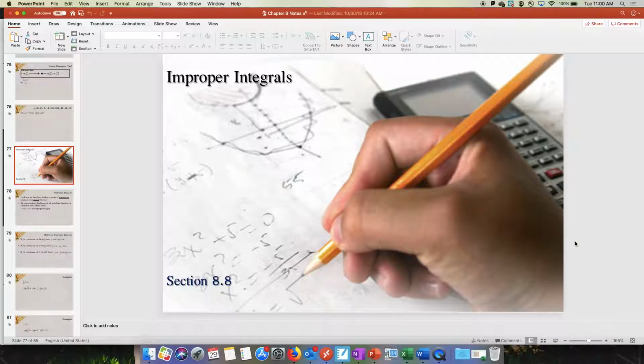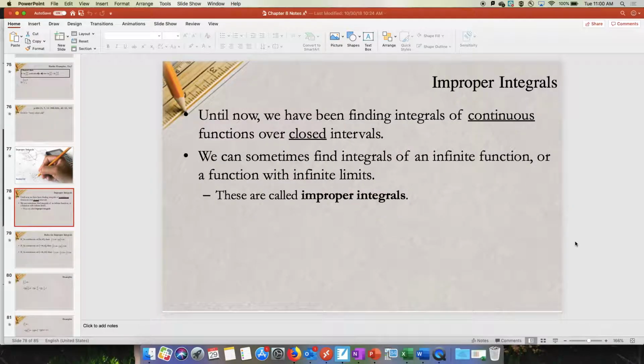Okay. So far in our integrals, if we had definite integrals, we have numbers, right? And with these numbers, they were always continuous and closed intervals. Well, now we're going to open up the possibility that maybe we don't have a continuous function, or maybe we have some sort of open interval, maybe like a to infinity.